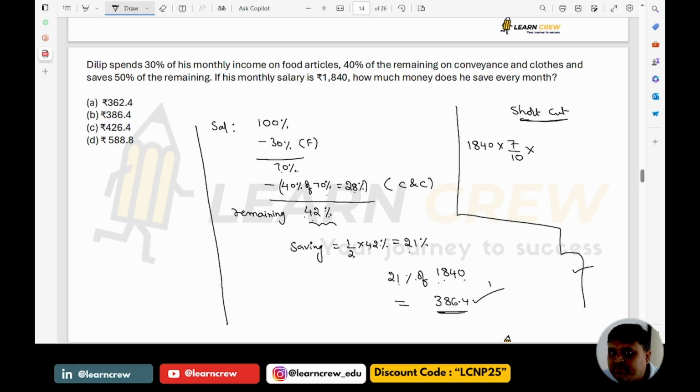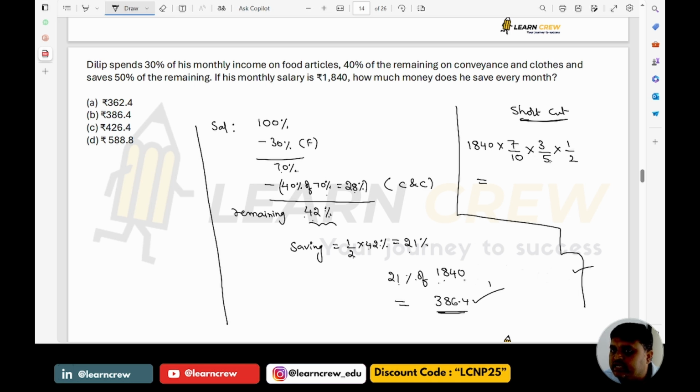Okay, this is the remaining amount. And out of this remaining, he is spending 40%. He is spending 40% means he is saving how much? 60%, which is 3 by 5. In this remaining amount, he is saving 50%. That is half. This value is how much?